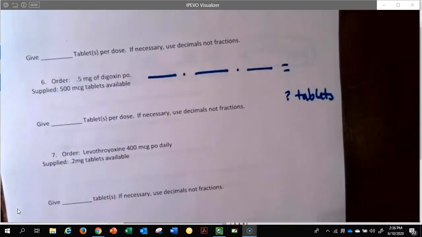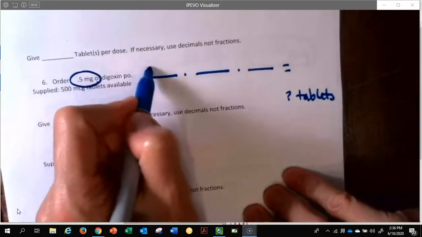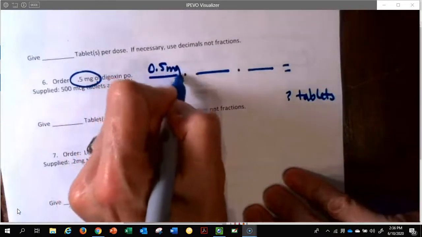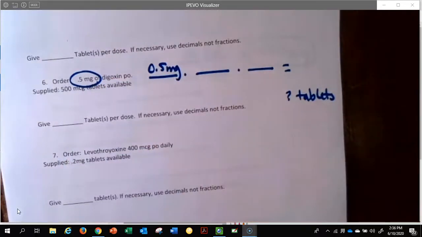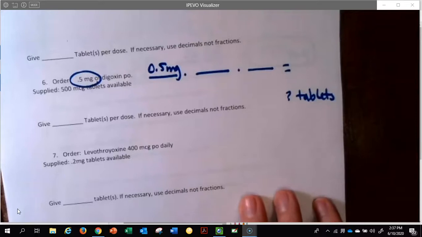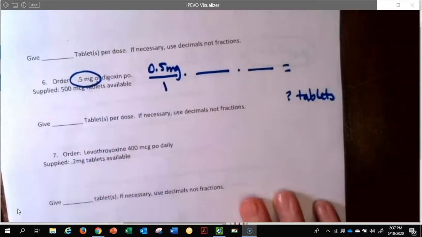So I like to just go ahead and start with what's given. They gave us 0.5 milligrams of some medication. And I'm not seeing anything to go with it other than it's a dose, it's the order, per order, so I'm just going to put 1 and see how that works out for us for now. Might have to come back and make some adjustments.